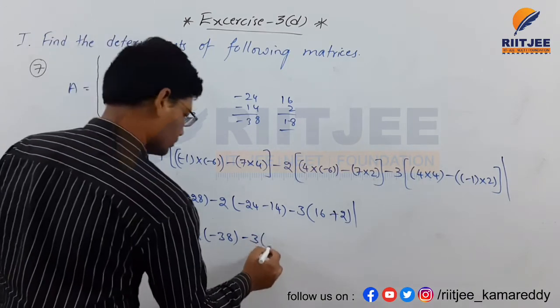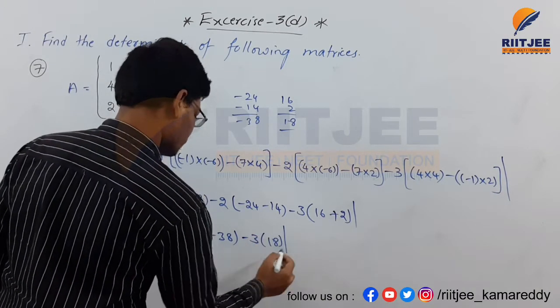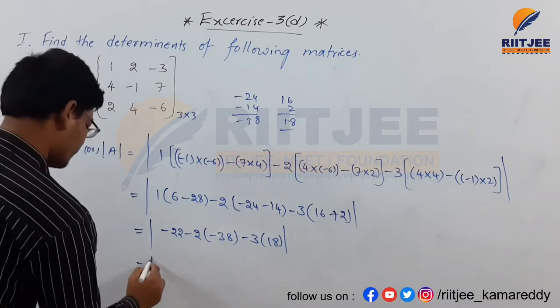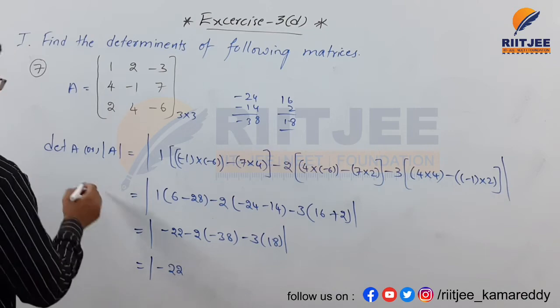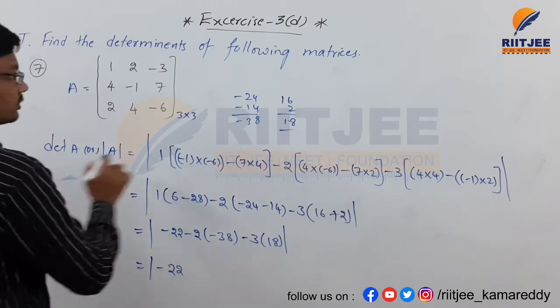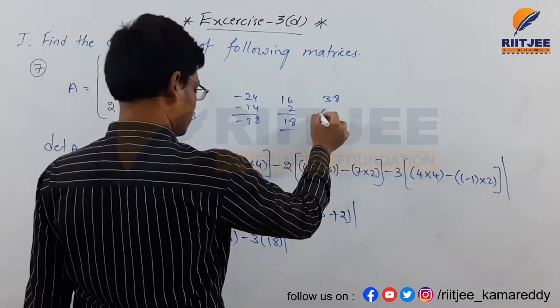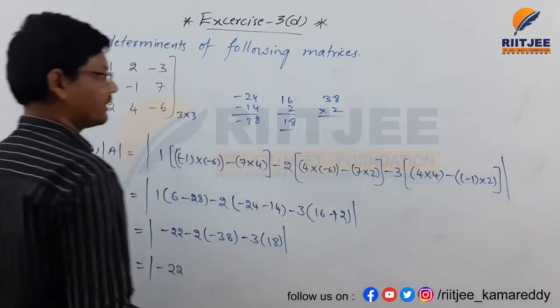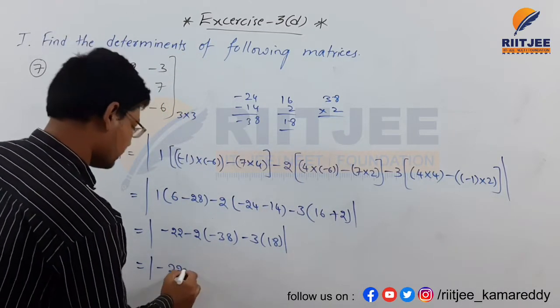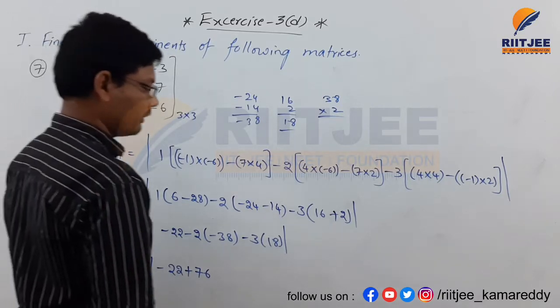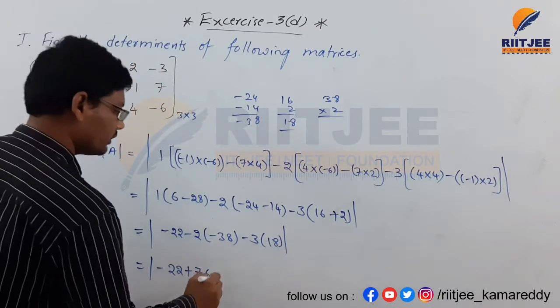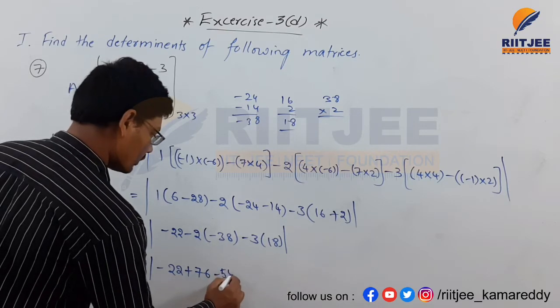And the next step is minus 22, and 38 into 2, that is 76 here. Minus into minus becomes 76. 18 3s are 54, minus 54 here.